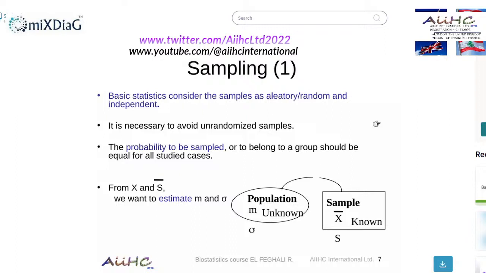So the probability to be sampled or to belong to a group should be equal for all studied cases. That's why I said we take 5 samples and 5 samples, to have the same probability of sampling. If we take 10 samples of cops and 5 samples of citizens, the comparison will be biased.